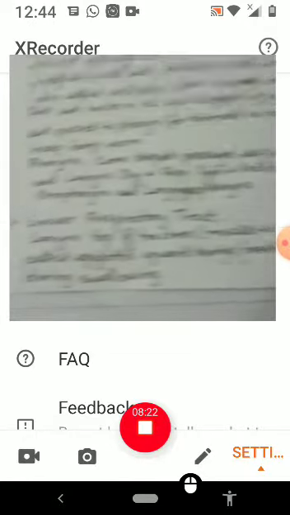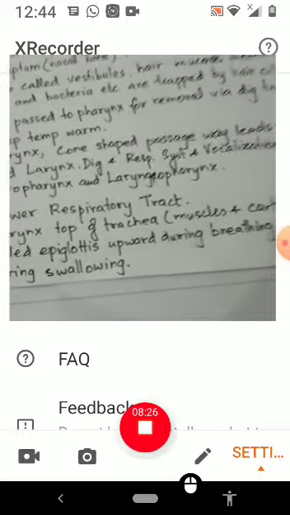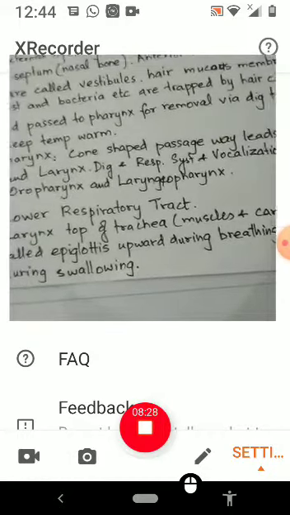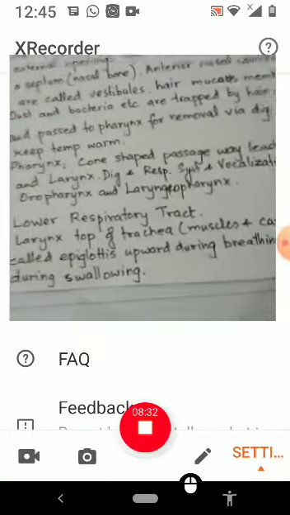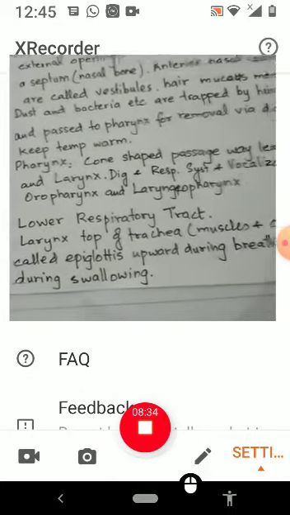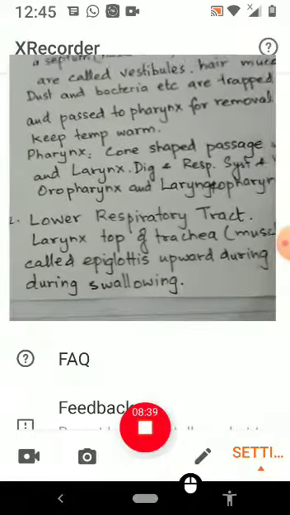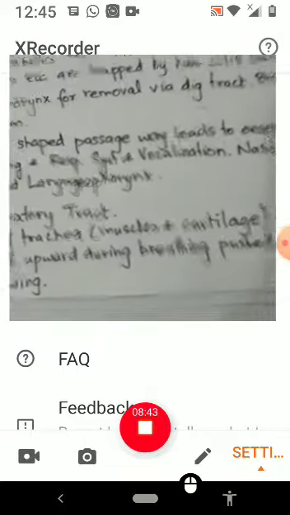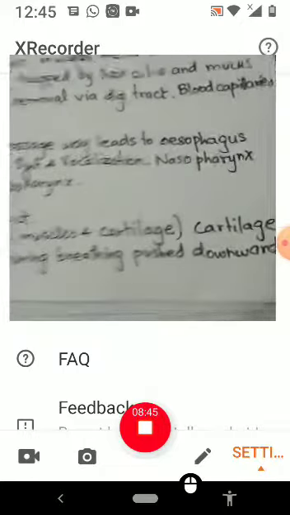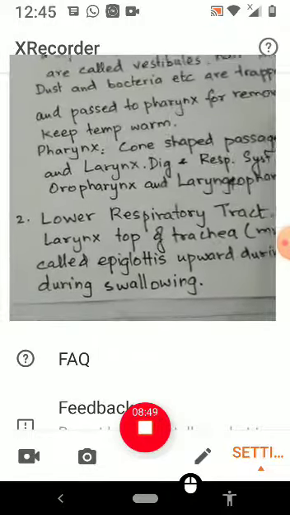The cartilages are C shaped bones, and they keep it from collapsing, so it remains open throughout. And the guarding epiglottis, as I told you, is the cartilage which is drawn upwards when we are breathing, and it is pushed downwards when we are in the process of swallowing the food.